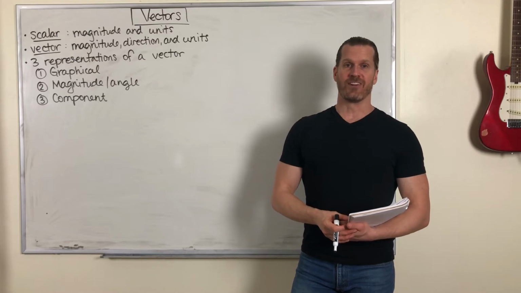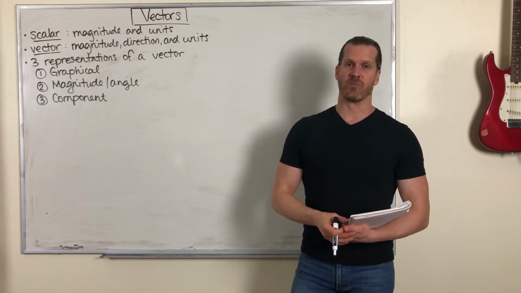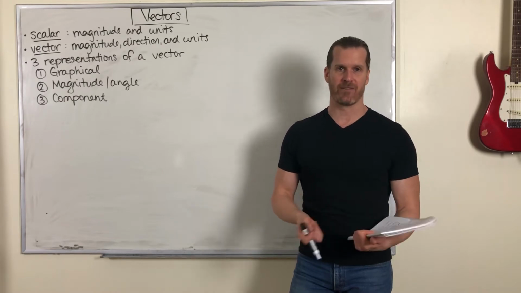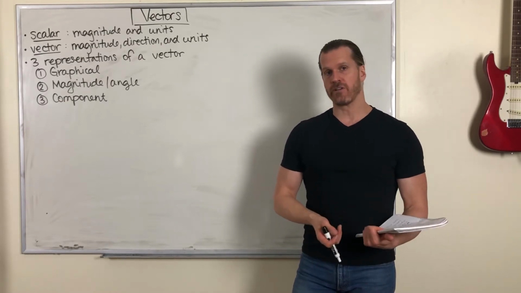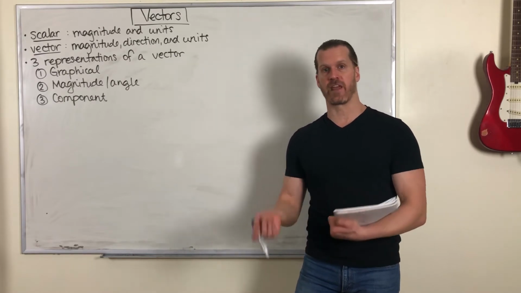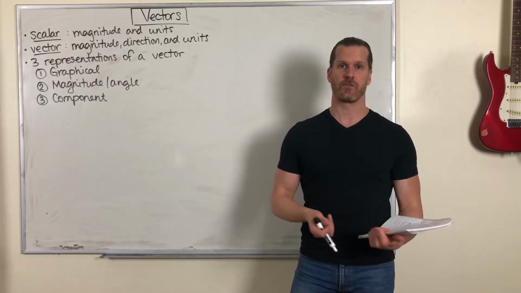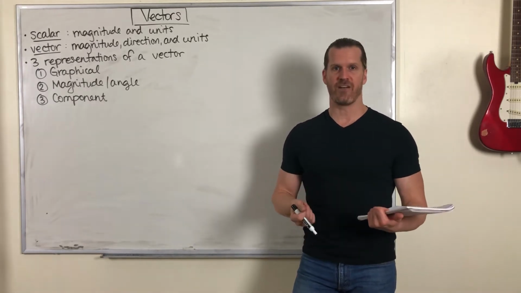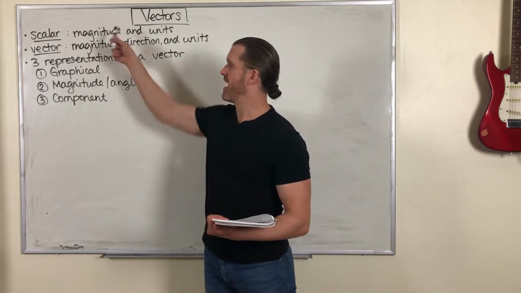All right, to be able to analyze any sort of physics problem in 2 or 3 dimensions, we need to develop some vector math. As we've already learned, in nature there are quantities that are scalars and quantities that are vectors. Scalars are things like temperature and mass. They have a magnitude.